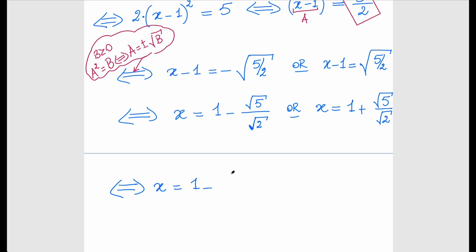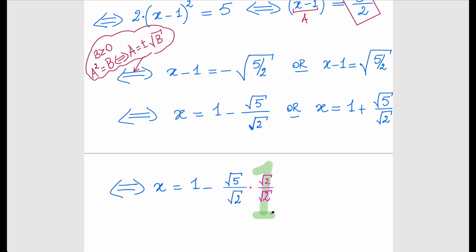This is the same thing as square root of 5 over square root of 2 times square root of 2 over square root of 2, right? Why am I doing this? To rationalize the denominator. This guy is a 1, right?